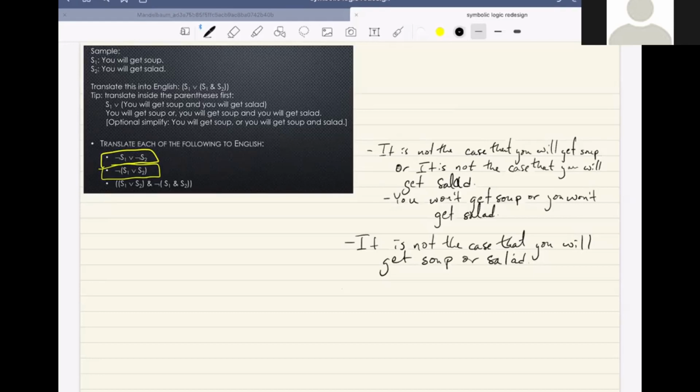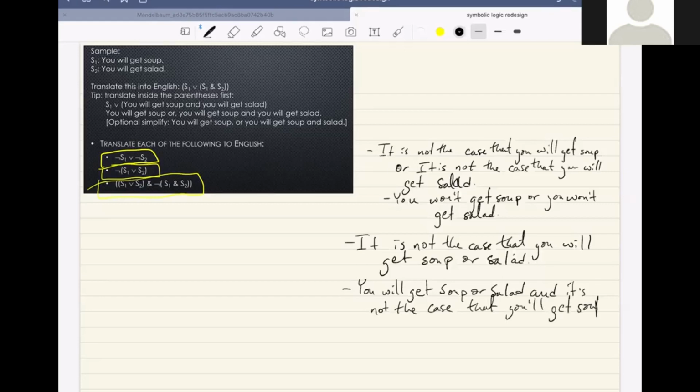And then our third option is going to be as follows. It's going to say, you will get soup or salad, and it's not the case that you'll get soup and salad, or it's not the case that you'll get both soup and salad.